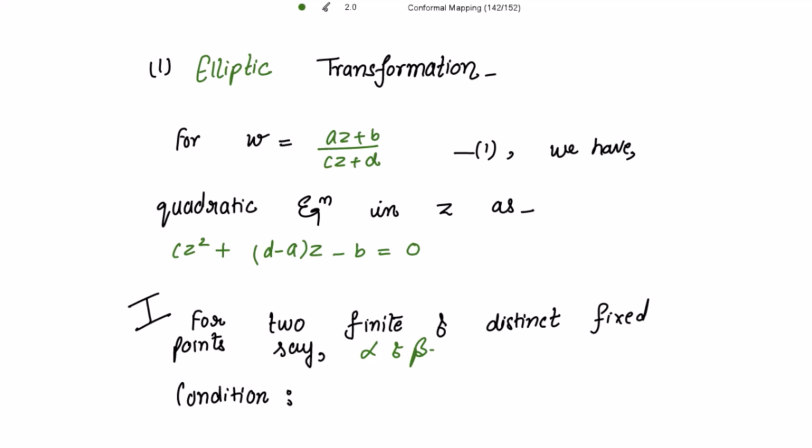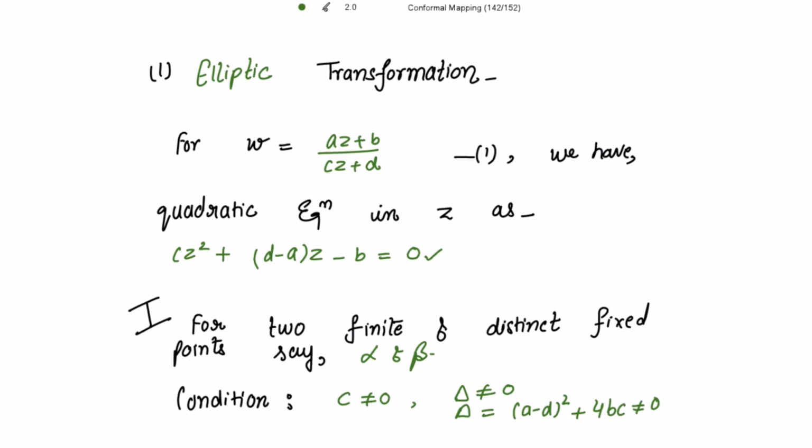So for the finite and distinct fixed points, the condition is c is always non-zero and the discriminant of this quadratic equation is also non-zero, where this discriminant is equal to a minus d whole square plus 4bc. So this is non-zero.